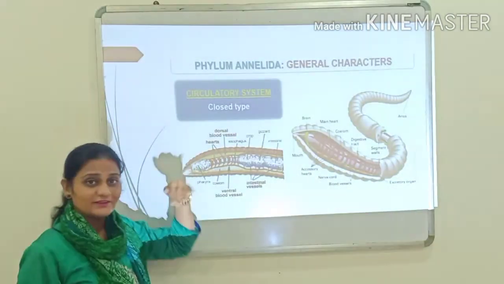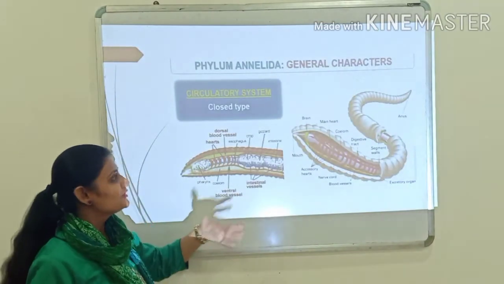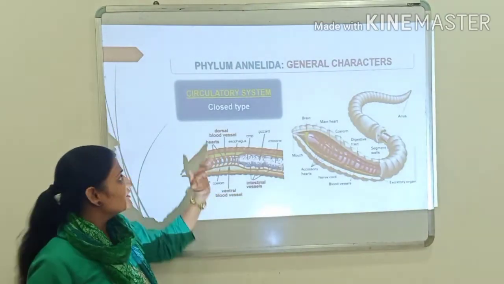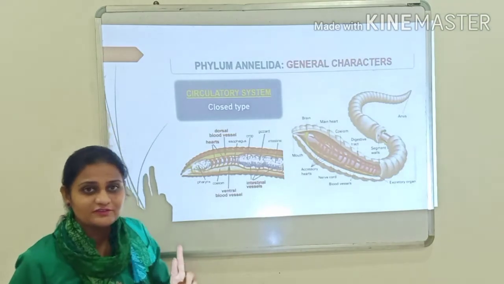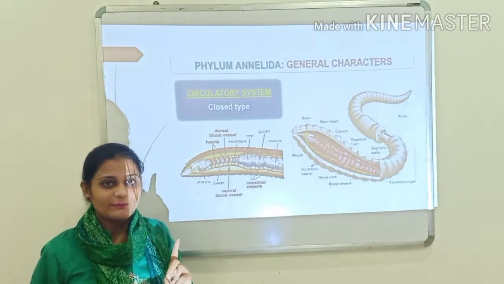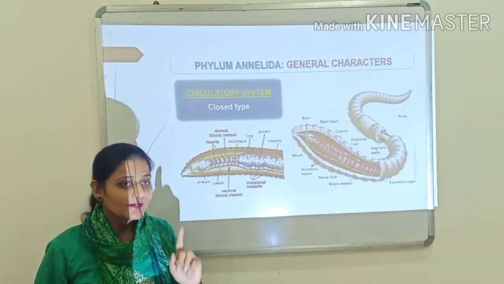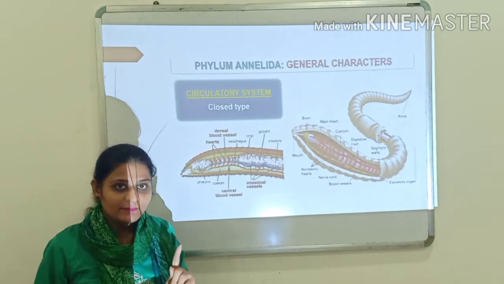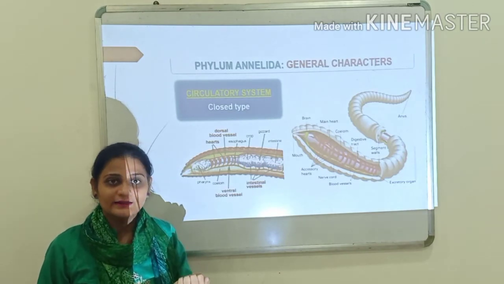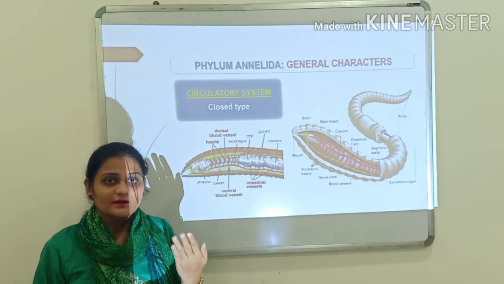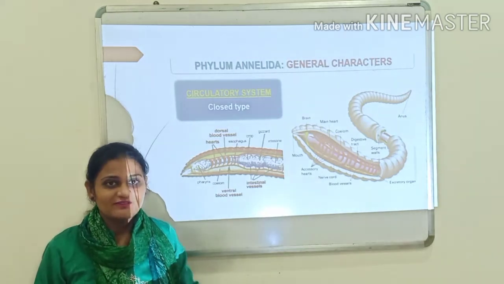That means, see, till now you were learning that circulatory system is absent, and we have already studied that there are two types of circulatory system. One is the open type and the other one is the closed type. In open type, when the blood is pumped out of the heart, the blood doesn't enter into blood vessels because blood vessels are absent.